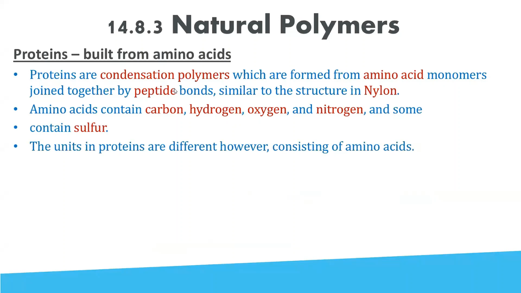So the difference between carbohydrates and protein is this one. In addition to carbon, hydrogen, and oxygen, proteins have nitrogen and sulfur. This nitrogen and sulfur come from different kinds of amino acids, right? That's why protein has nitrogen and sulfur.